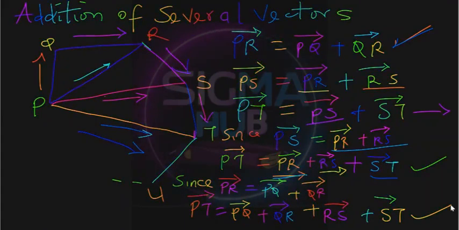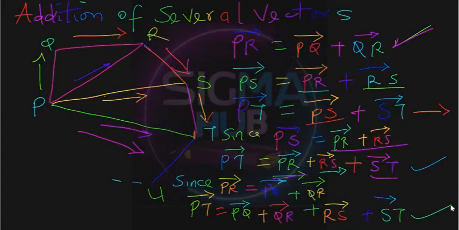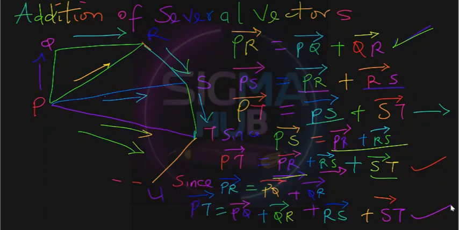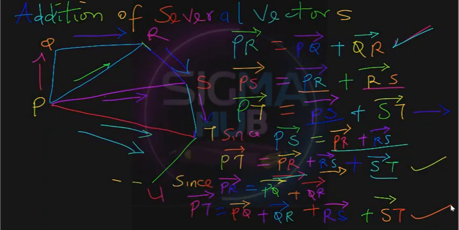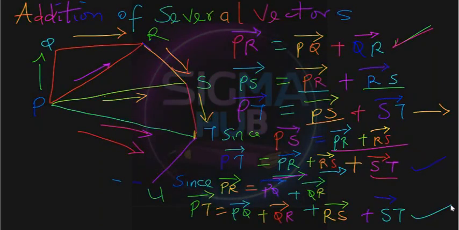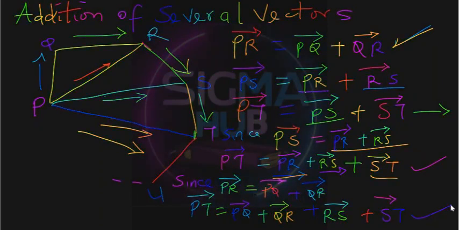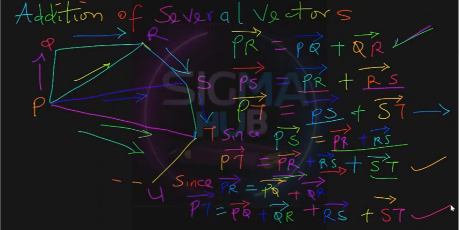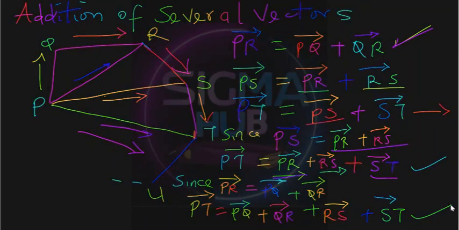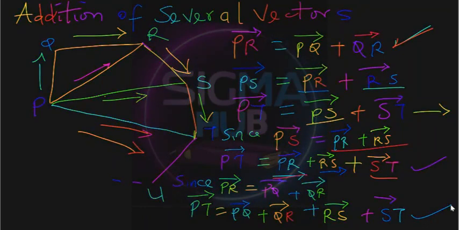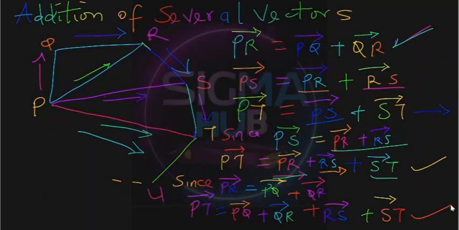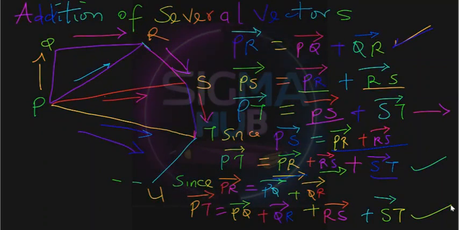So PT is PQ plus QR, plus RS, then ST. So this is how we add several vectors together. It's almost the same thing as the triangular addition of vectors, using the same procedure and the same concept.